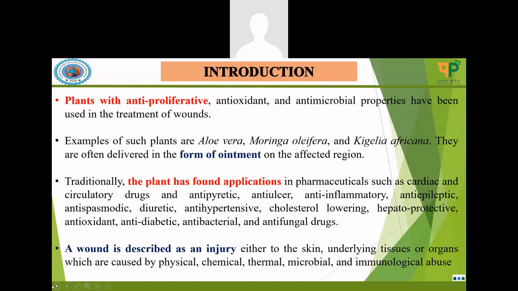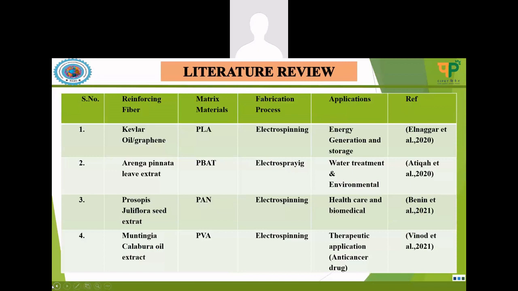Another major concern with wounds is the high risk of infection with bacterial organisms such as S. aureus and E. coli, which are a group of bacteria that often colonize the wound and cause infection within 48 hours when they are exposed. Wound healing is therefore a biochemical and physiological process of repairing the damaged tissue into its normal state.